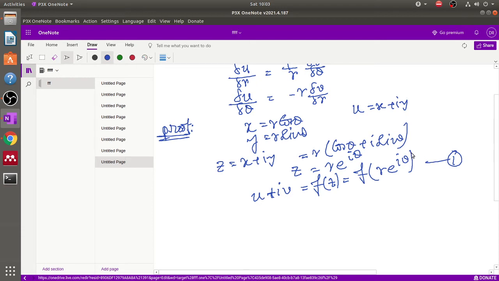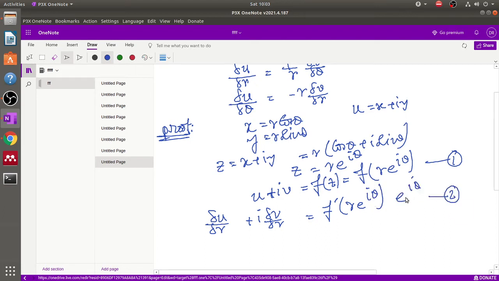So differentiating equation 1 partially with respect to r, we take the partial derivative. So del u by del r plus i del v by del r equals f dash of r e to the power i theta, and e to the power i theta is coming out from here. This is equation 2.